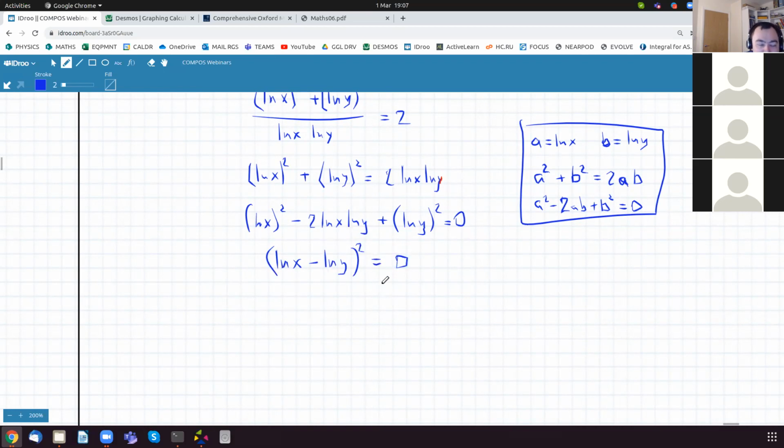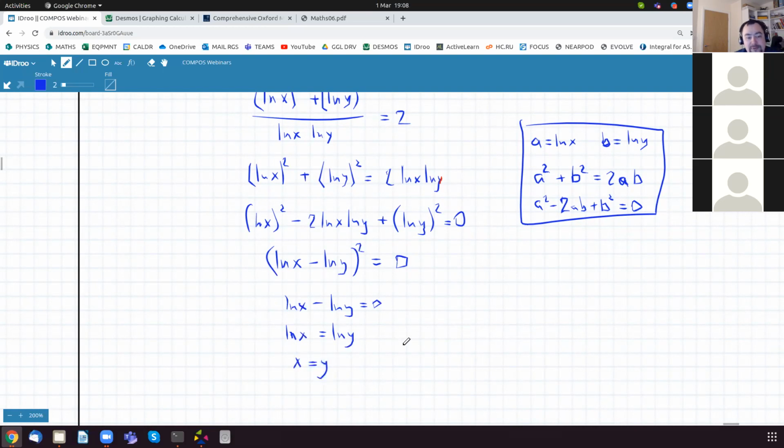Well, this obviously means one thing: only 0 squared is 0. So the expression ln x minus ln y is 0, so ln x equals ln y. And ln x equals ln y can only mean one thing, that x is equal to y.